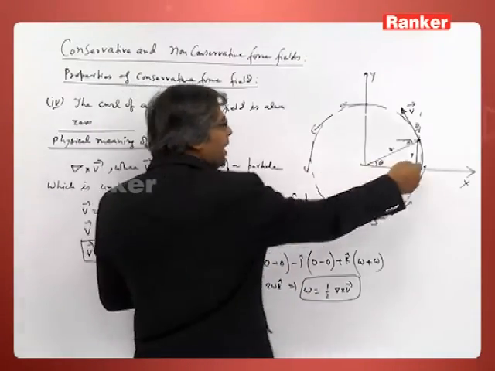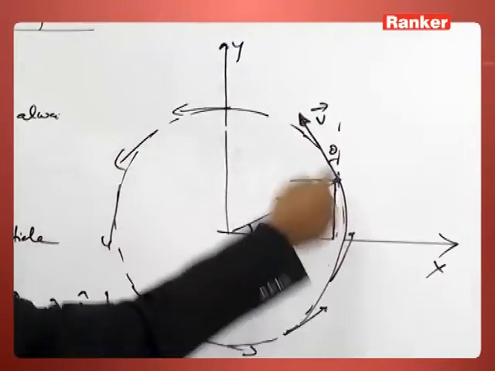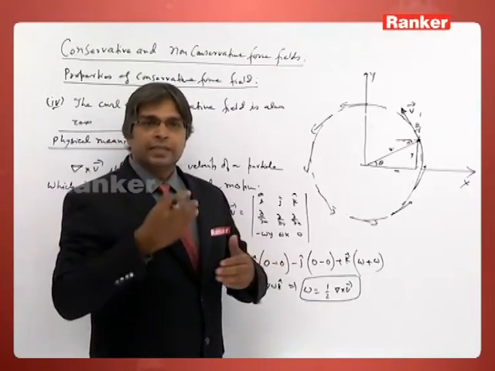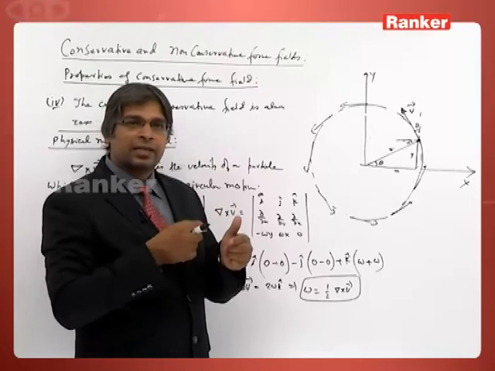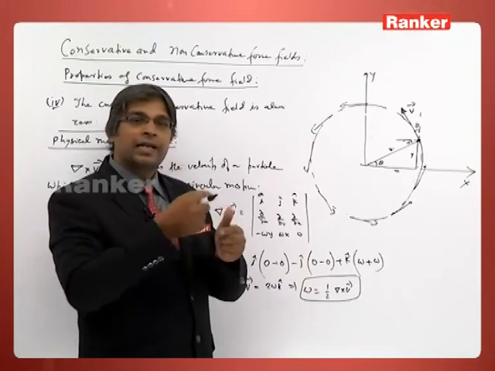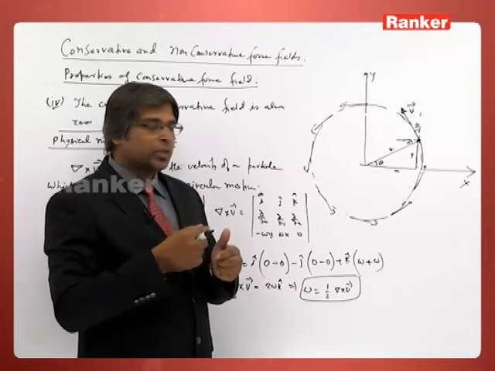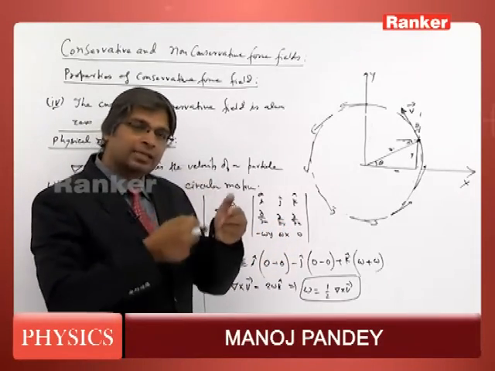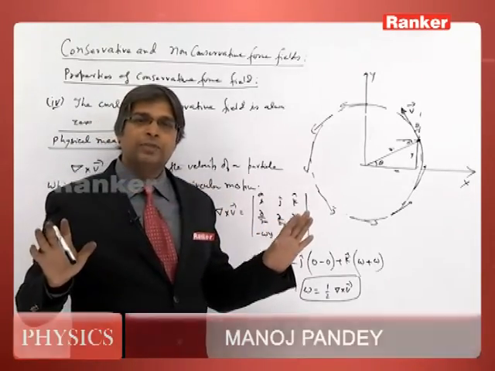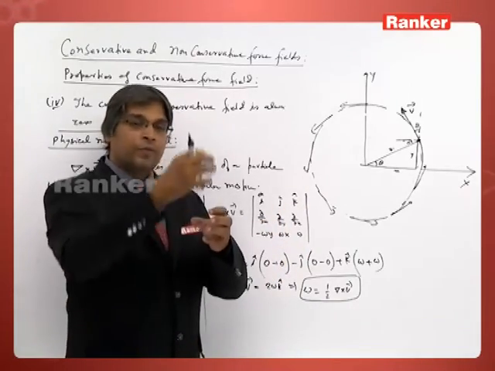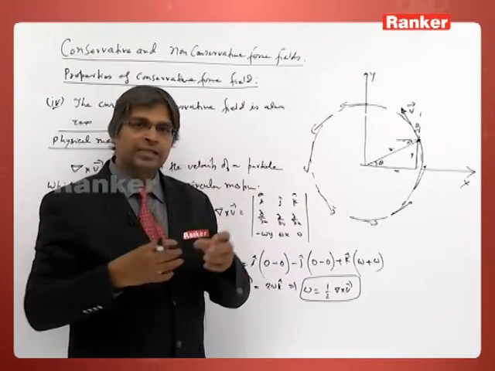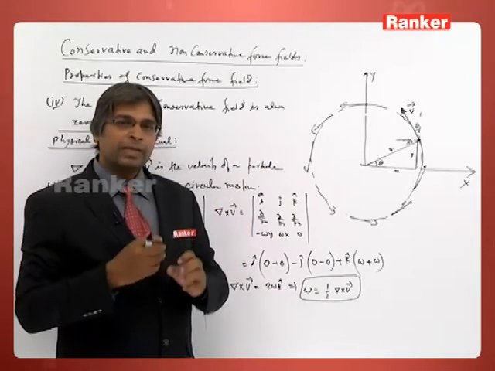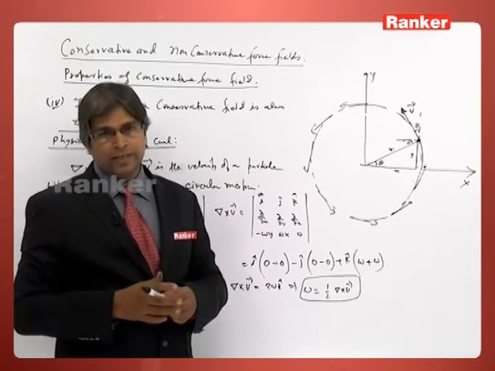Whenever a vector field has a rotational character, its curl will be a finite quantity. That means whenever I calculate curl, I claim that the field has a rotational character. If the geometry of the field is rotational, then it is going to be non-conservative, and when the field is diverging or converging, then it is going to be a conservative force field. This is the geometry of conservative and non-conservative force fields.